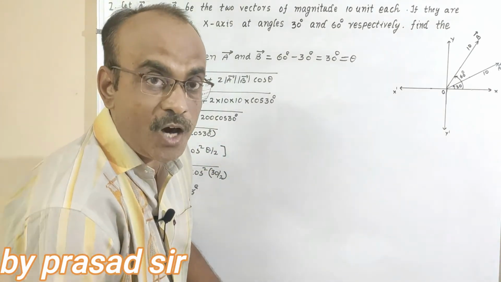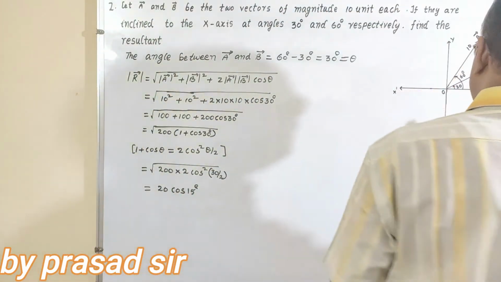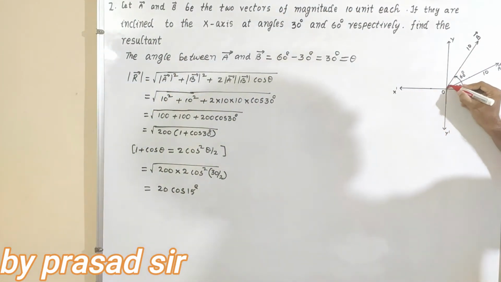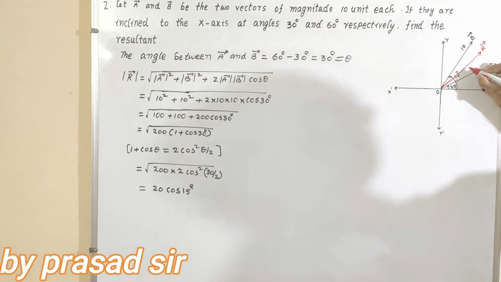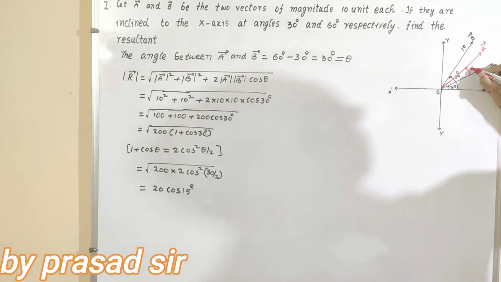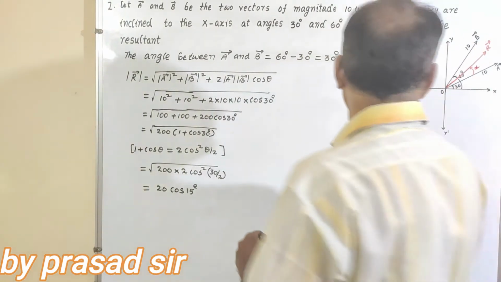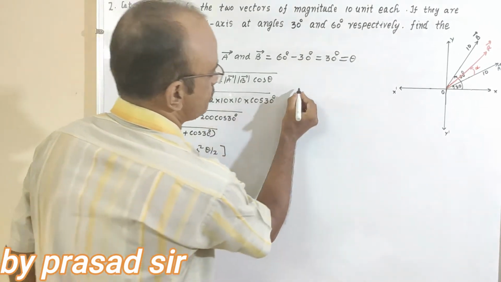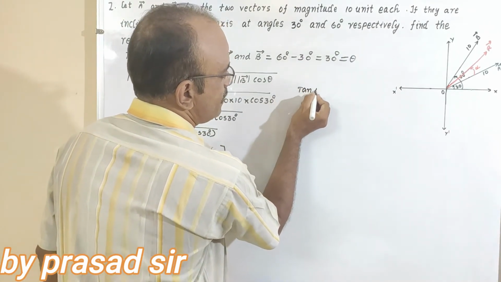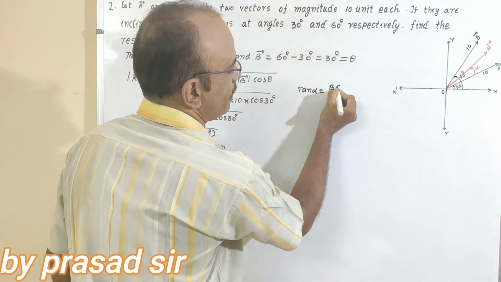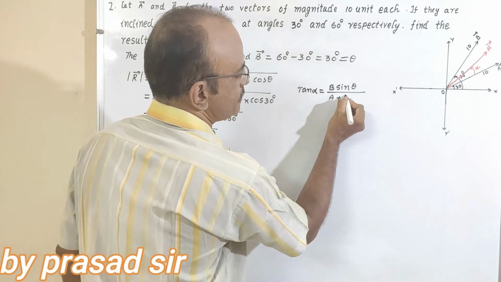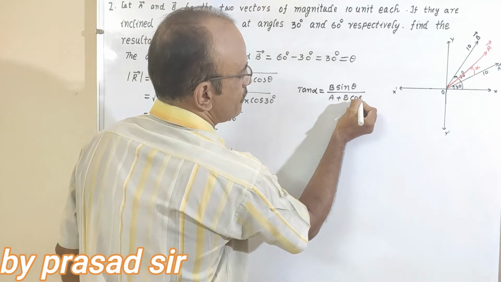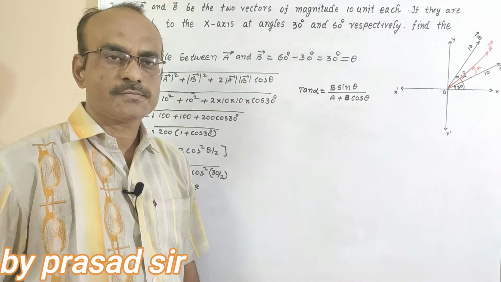How must the resultant be? It is in between A and B. It is the resultant, and the resultant makes an angle alpha with vector A. Now I will write the alpha value. tan alpha is equal to B sin theta divided by A plus B cos theta. This is the formula.